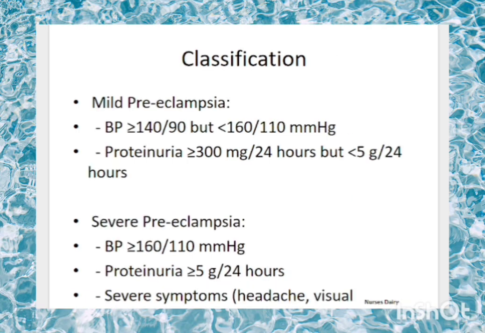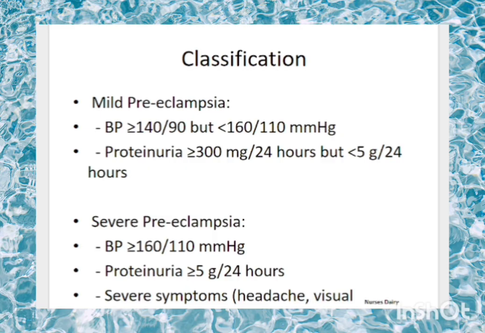And then classifications of preeclampsia. So preeclampsia can be classified in 2 ways, and these are as follows. Preeclampsia can present to be mild or severe. So mild preeclampsia is a type of preeclampsia with blood pressure readings greater than 140 over 90, but the readings don't go above 160 over 110 in mild preeclampsia.